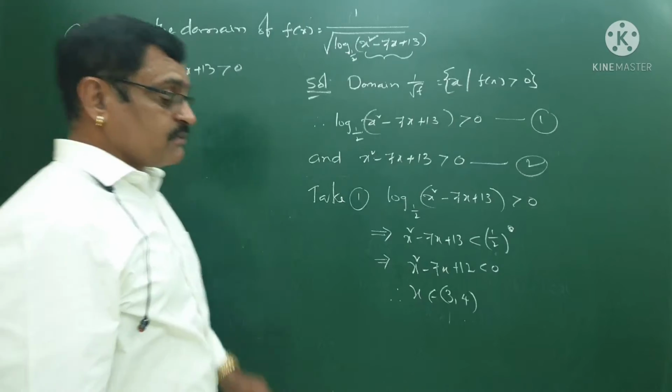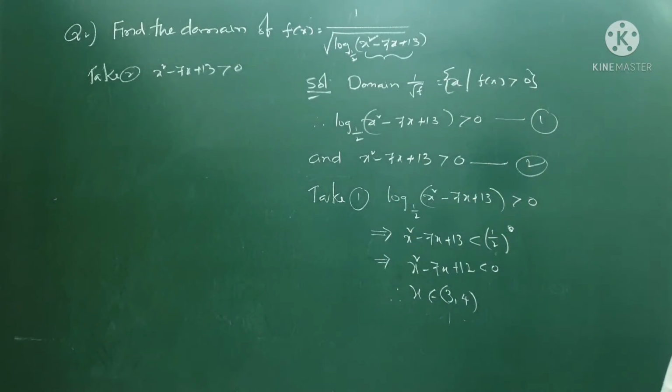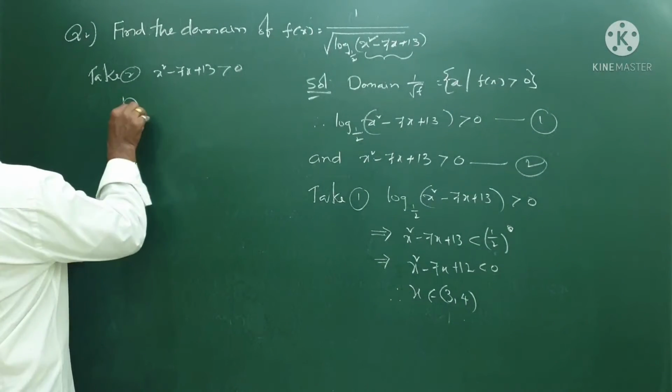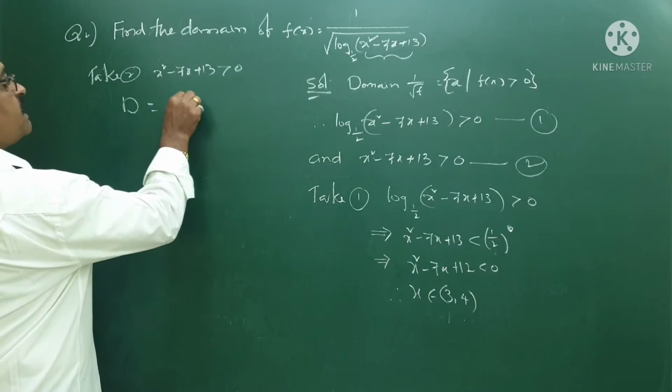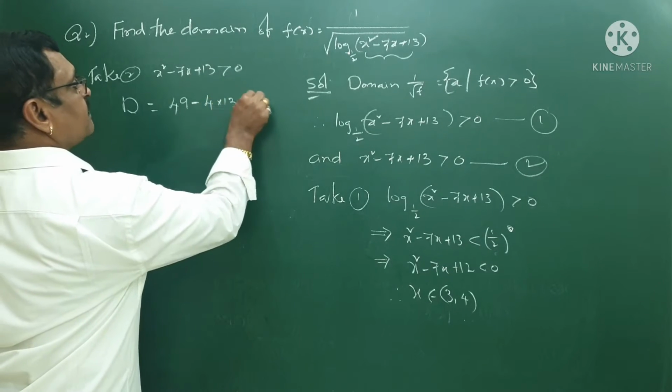Now if you observe carefully, the quadratic expression x square minus 7x plus 13, let us find its discriminant. The discriminant is equal to b square minus 4ac, which is 49 minus 4 into 13, which is less than 0.